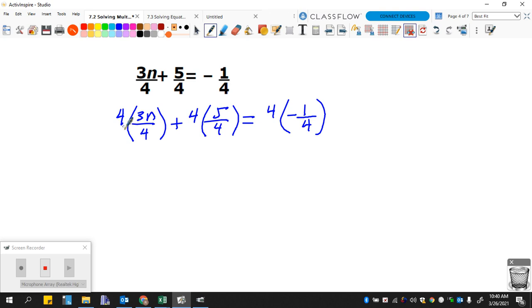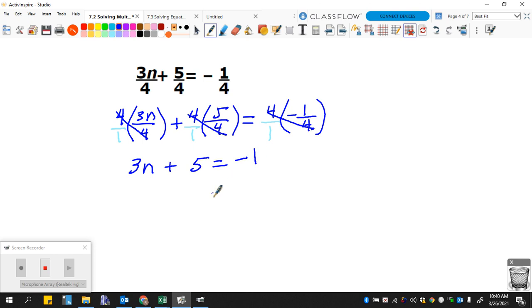To show you what we're doing, that's the same thing as 4 over 1, 4 over 1, and 4 over 1. So the 4 is in the numerator that we multiply by, and the other 4 in the original problem is in the denominator. So the 4's actually cancel out, and we're left with 3n plus 5 is equal to, and notice the negative here, negative 1.